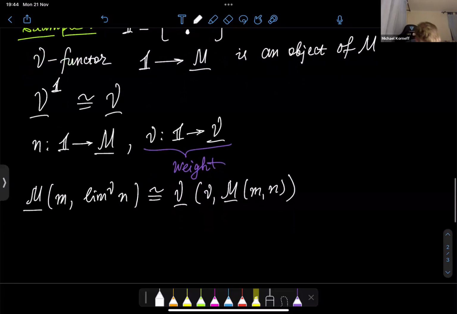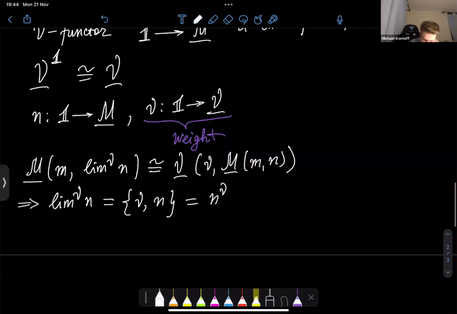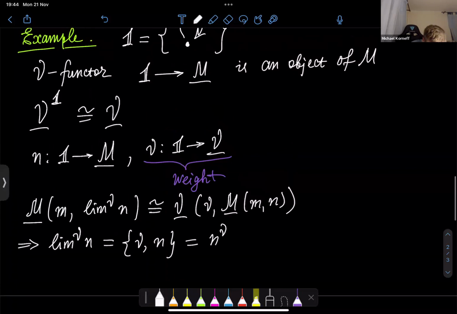So this weighted limit is just a cotensor product between V and M. And in the same way, we can conclude that the colimit of M is just a tensor product.